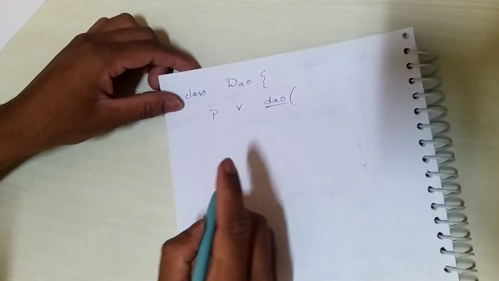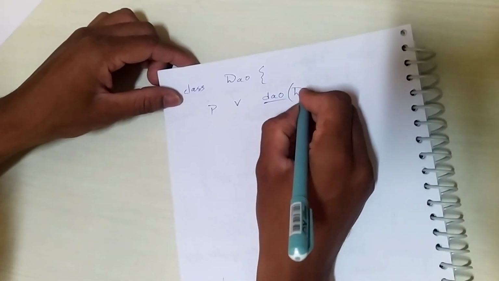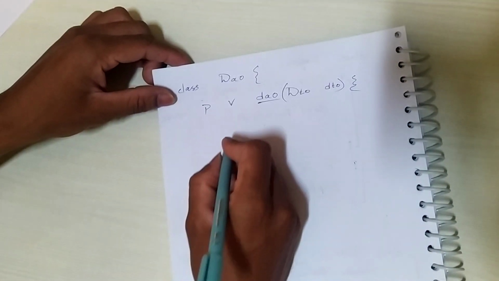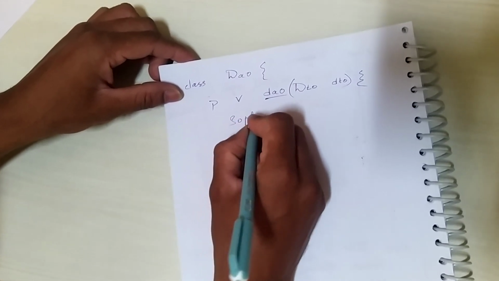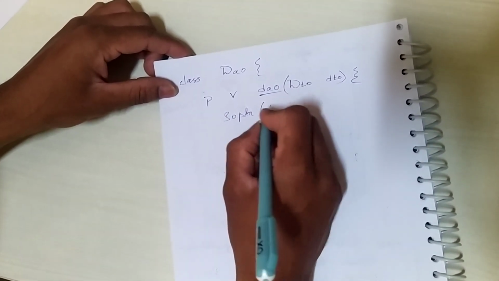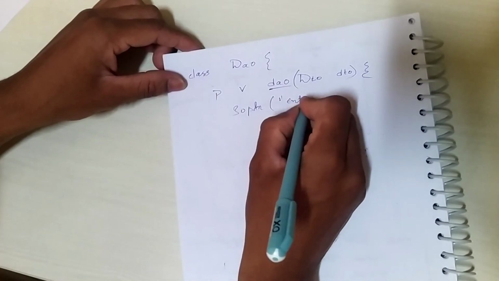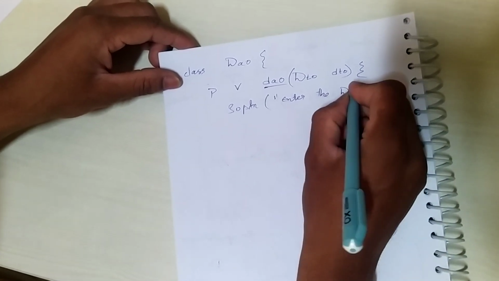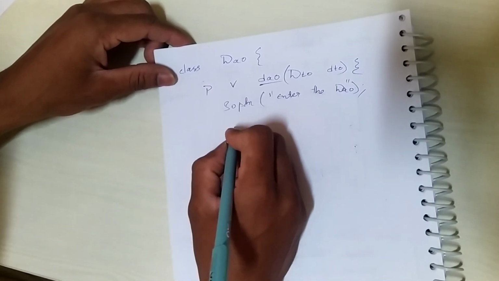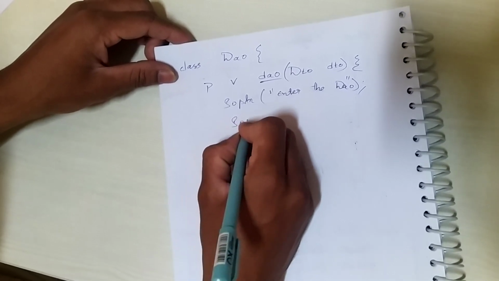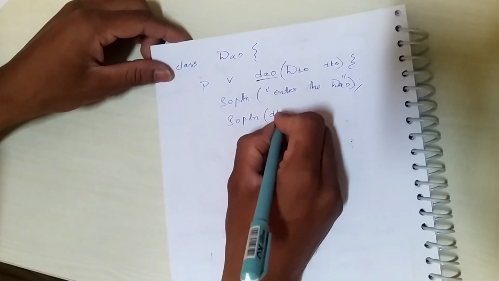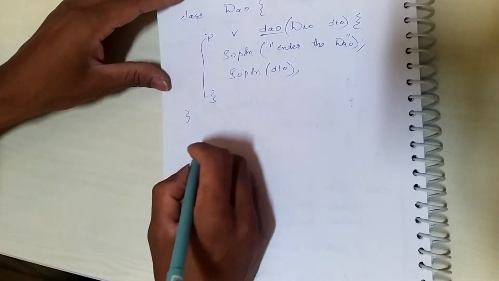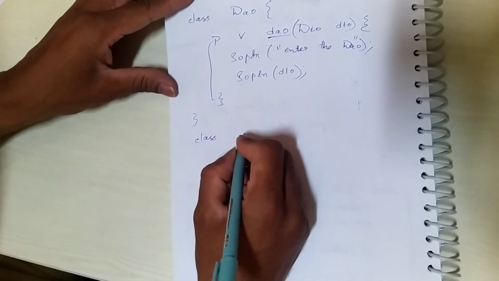For this method we will pass the DTO as the argument, and then we will write the code. Then I will pass it to the database. For now I am writing System.out.println of DTO. This is how we design the DAO layer, and the last layer is the controller layer.